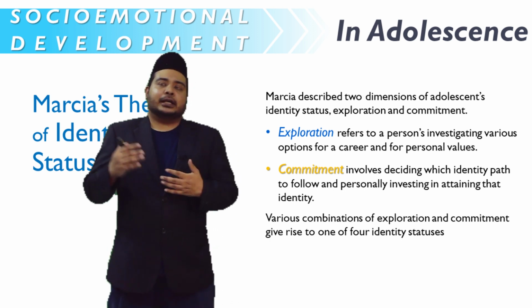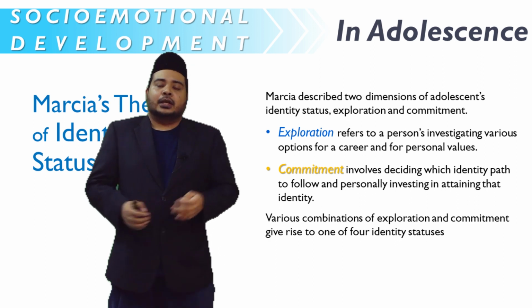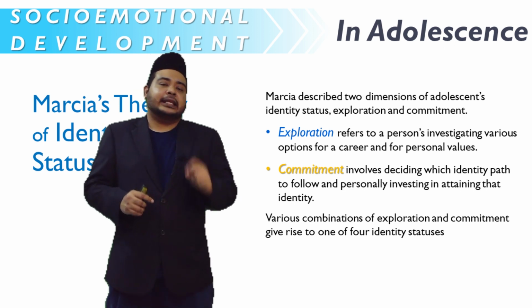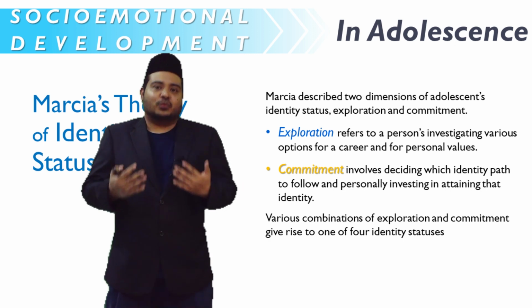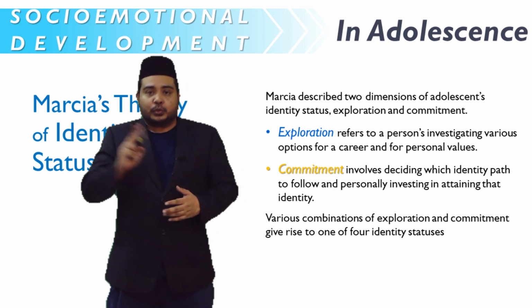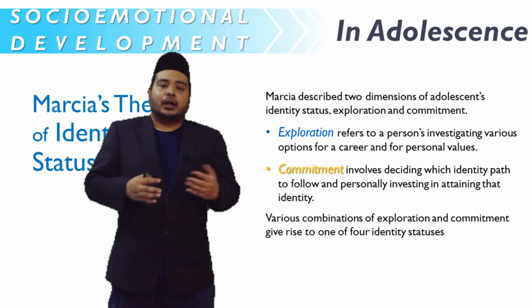Marcia developed the theory of identity status. Marcia described two dimensions of adolescent identity status. To understand what stage we are in terms of our identity development, we can explore two dimensions: one is exploration, another is commitment.